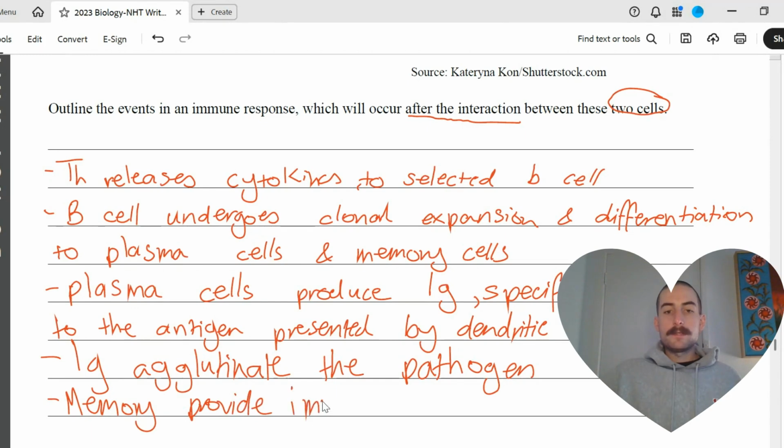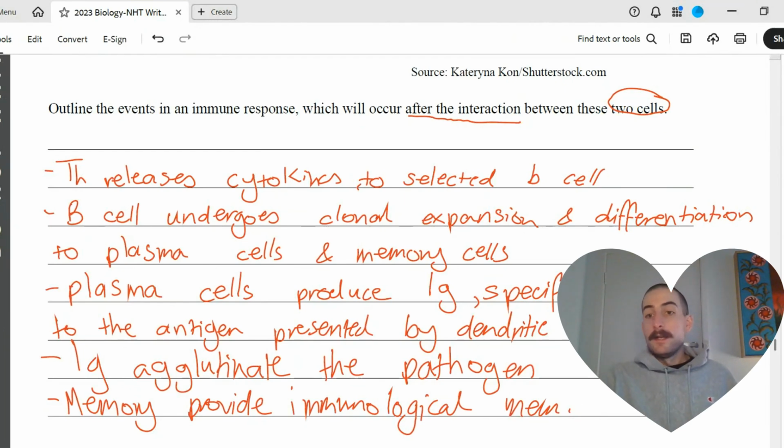All of these things are happening after the interaction. We've gone down the road of doing the humoral response here. There's no reason necessarily why you can't go down and do the cell-mediated, and say the T helper cell activates cytotoxic T cells, then describe that a cytotoxic T cell will go and survey infected cells that are presenting that specific antigen on their MHC1 marker.